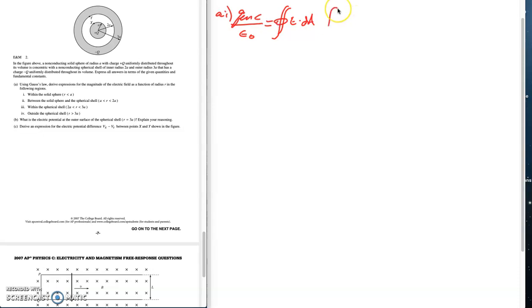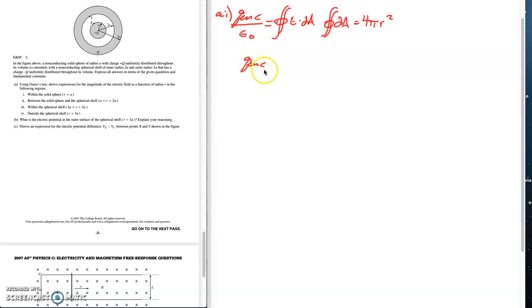Now for all of these, the area is going to be 4 pi r squared. That's not going to change for any of them. It's just what the limits on r are going to be for what we care about. Q enclosed is the one that changes based on where we're looking.